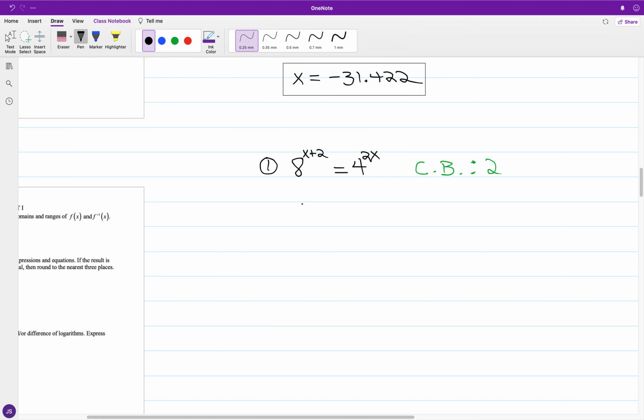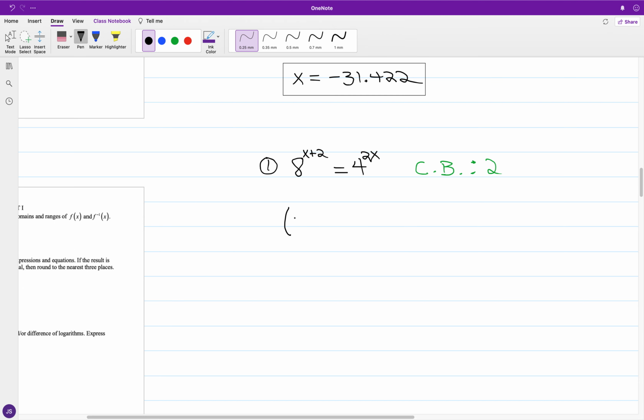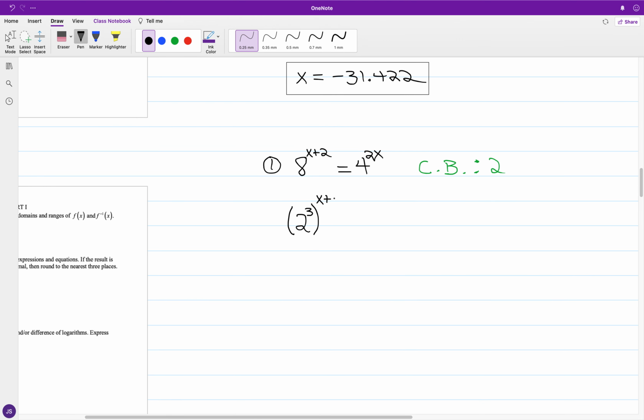So if I write 8 in terms of base 2, it's going to be 2 to the 3rd, raised to the x plus 2. So you have 2 to the 3rd raised to the x plus 2 is equal to, now for 4, it's going to be 2 squared, and this will be to the 2x.